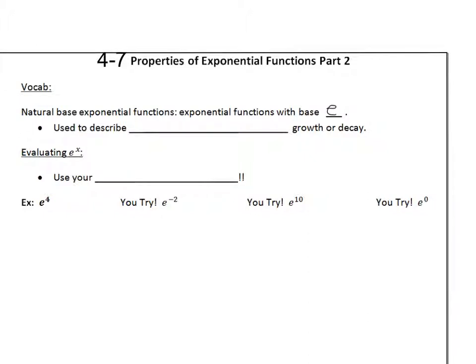And we use this to describe our exponential growth or decay. To evaluate e to the x, we will be simply using your calculator. Now, on your calculator, you're looking for the button e, lowercase, and it should have e to the x, so it should look like this.